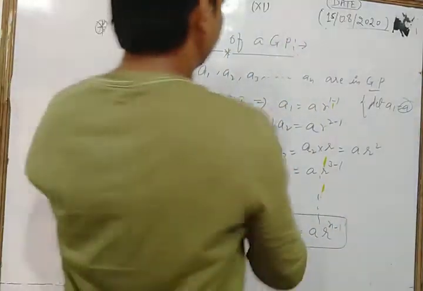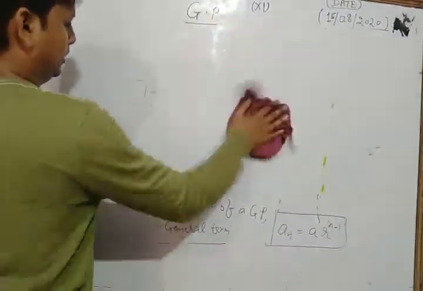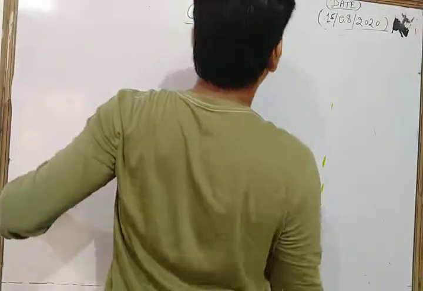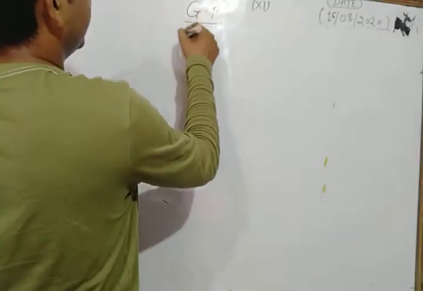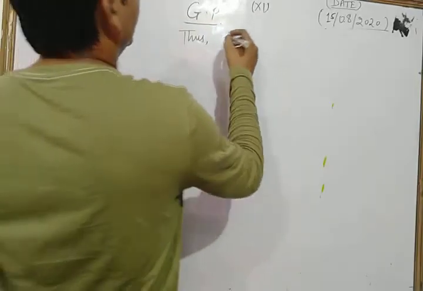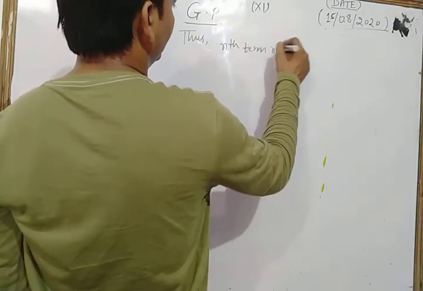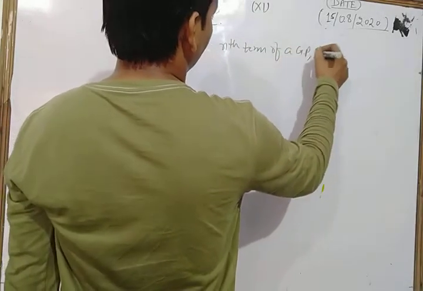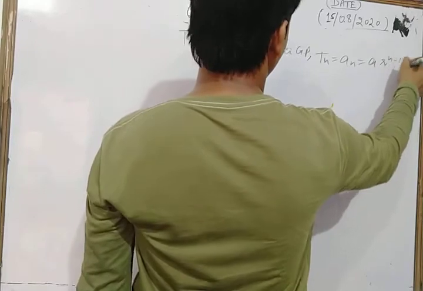So one important thing is that the nth term of a GP is Tn, or An, you can write A R to the power n minus 1.